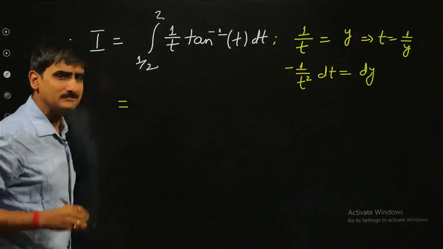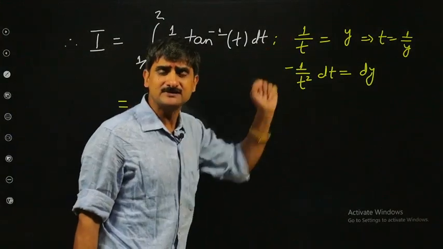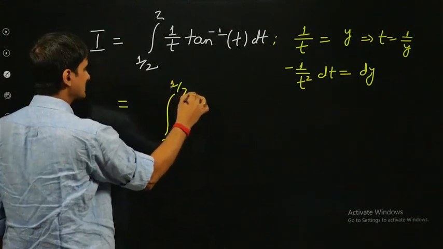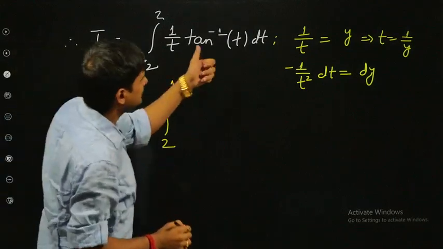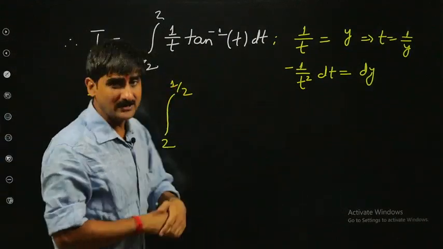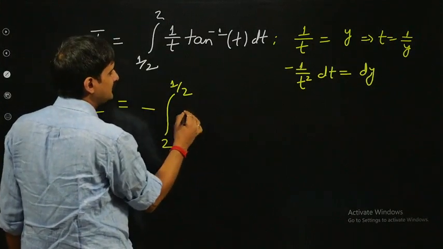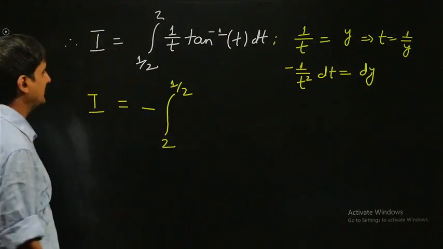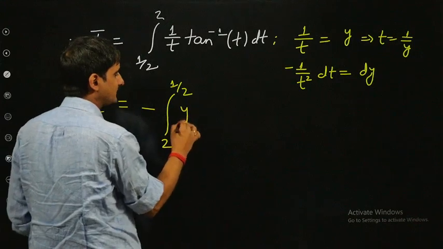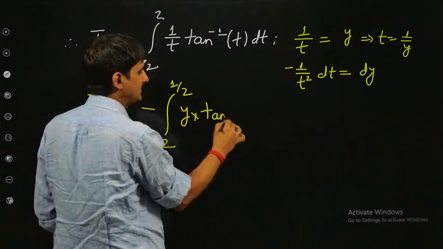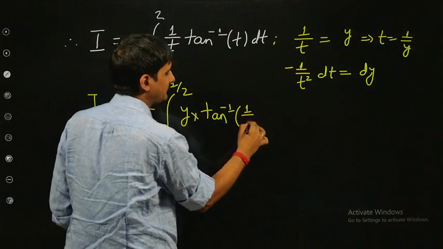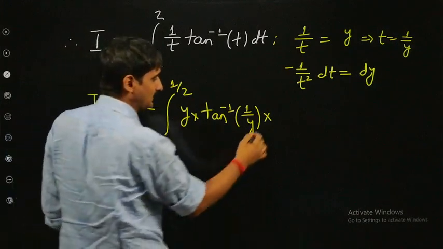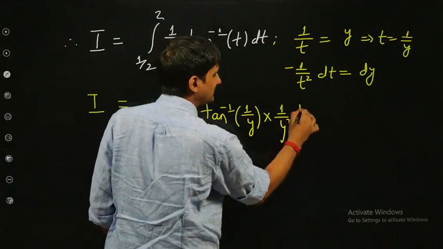So what difference will it make? Of course, since I considered the reciprocal, the limits will get interchanged. So it is 2 to half, and then dt is minus t square dy. So minus, and then 1 by t is nothing but y, since t is 1 by y. So it's y into tan inverse of 1 by y, and then t square is 1 by y square, so 1 by y square dy.